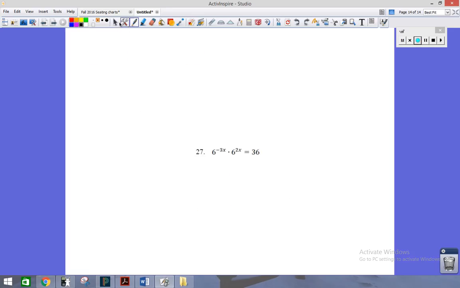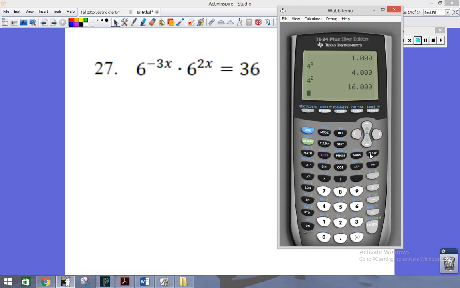All right, 27. Now, I can see on the left-hand side that I have these two bases. They're both 6, so that's nice. They're the same. I can also play around and figure out 6 raised to what power is 36? Well, again, 6 to the 0 power is not going to do it because by definition, the calculator knows that's the number 1. What about 6 raised to the first power?